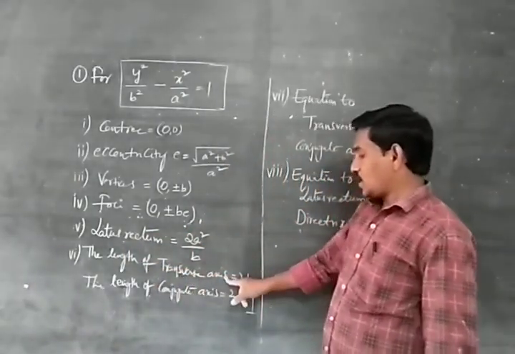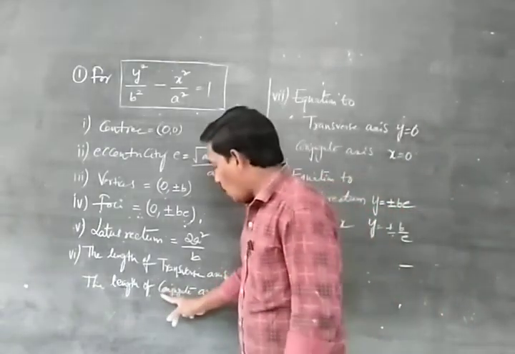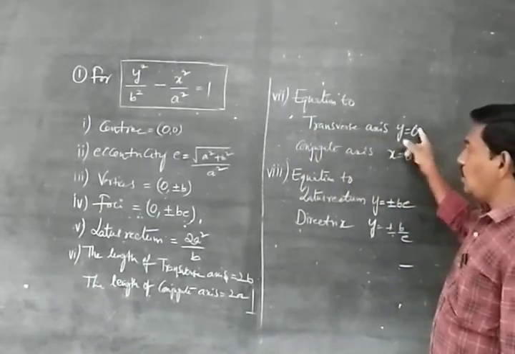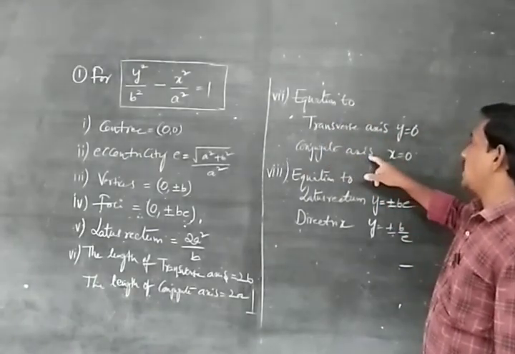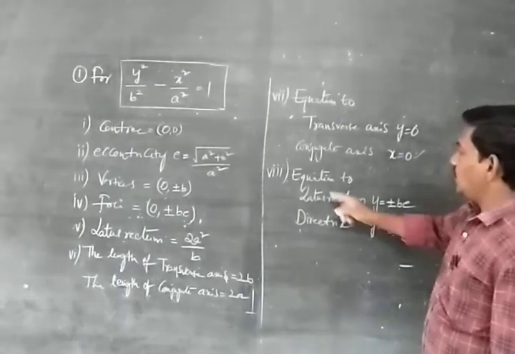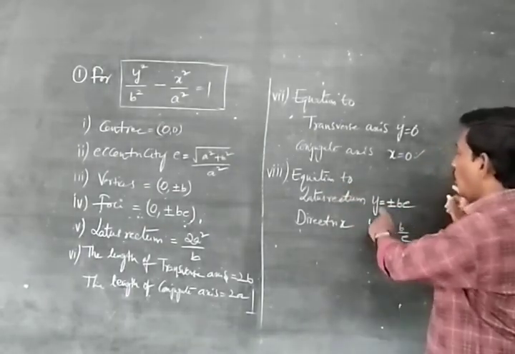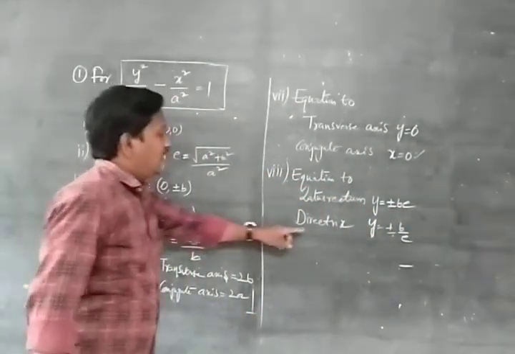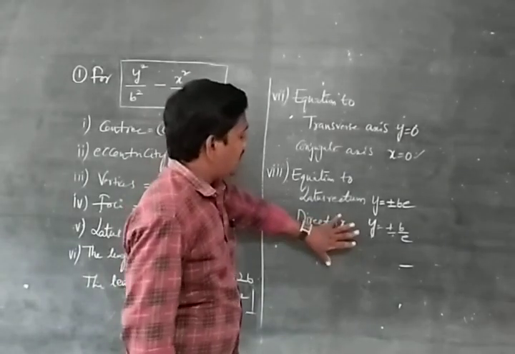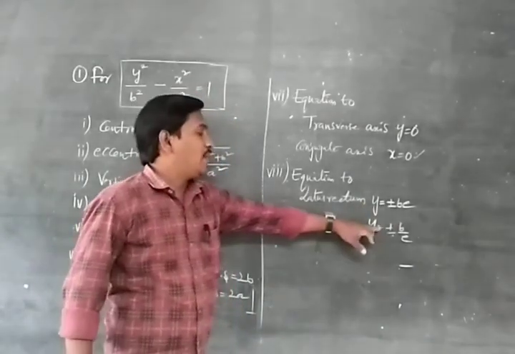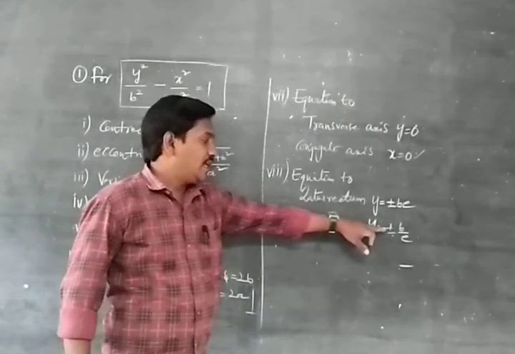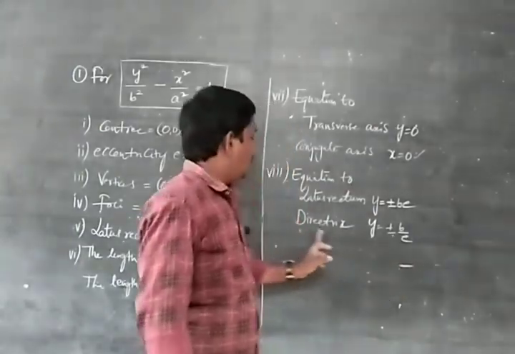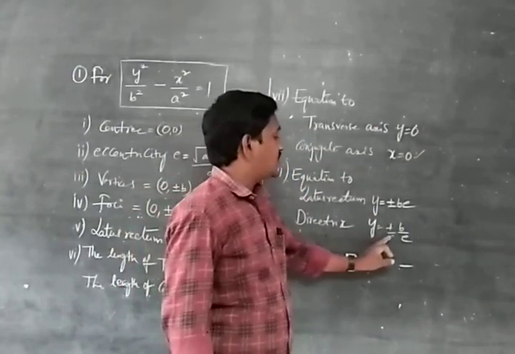Length of transverse axis equal to 2b, and the length of conjugate axis equal to 2a, and equation to transverse axis y equal to 0, and equation to conjugate axis x equal to 0, and equation to latus rectum y equal to plus or minus be, and equation of directrix. From the equation of the directrix, the point on directrix is 0 comma plus or minus b by e. So the equation to directrix is y equal to plus or minus b by e.